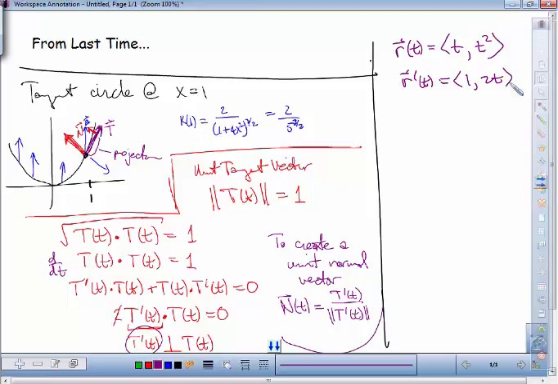So to find the unit tangent vector, we first need to find the derivative of the position, and then we need to find the magnitude of that. This seems like deja vu. We did do this, didn't we? Yeah. So the square root of each component squared added together.